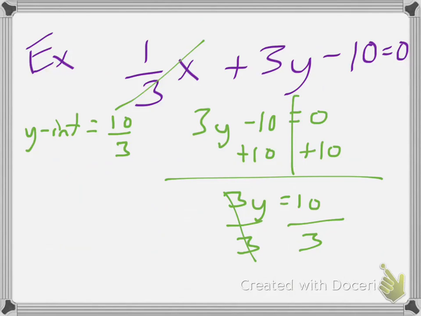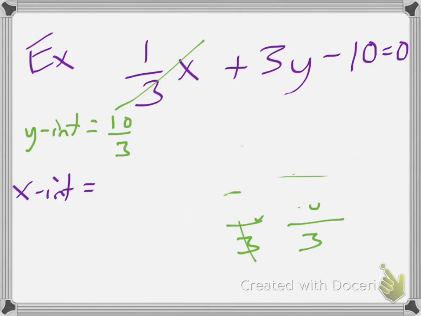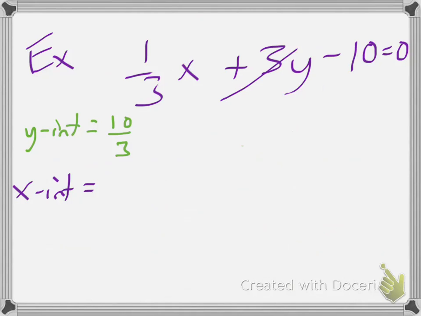Now my x-intercept is when y is 0. So if y is 0, that means this goes away.